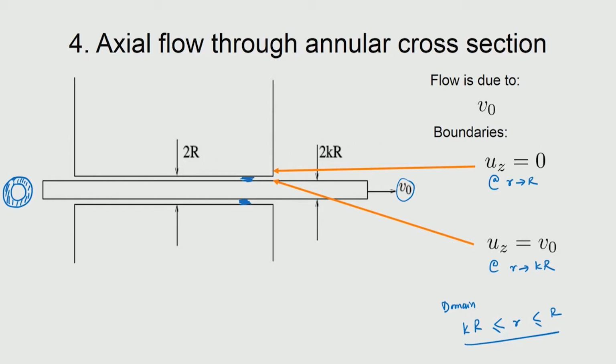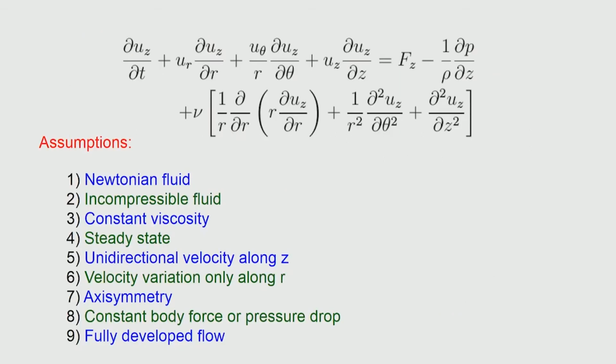So, if this is a simple situation, how would we go about arriving at the solution? That is quite straightforward. We basically have the same equation that is written, and we take the steady state assumption and unidirectional velocity along z. So, u theta is not there, and u r is not there, and the velocity variation is only along r.